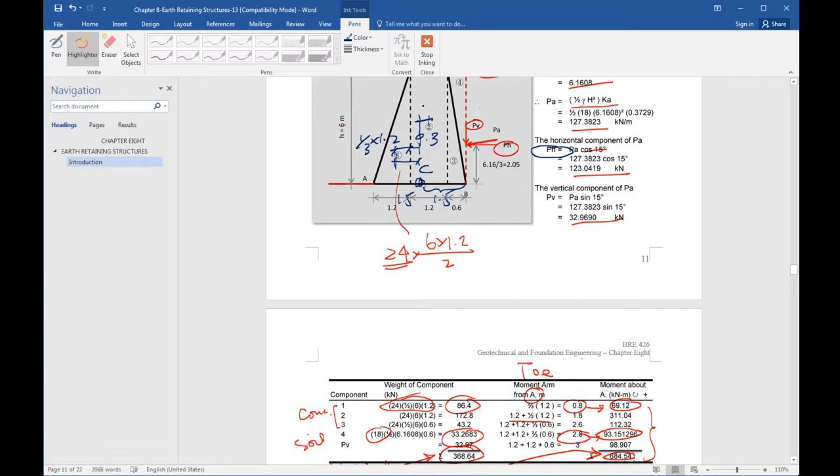So what's the distance D for this one? 1.2 divided by 2.6, right?